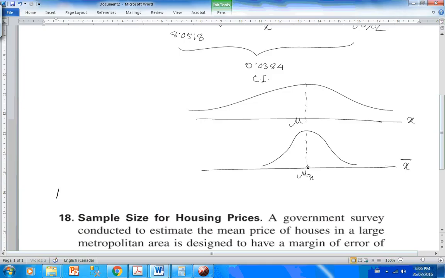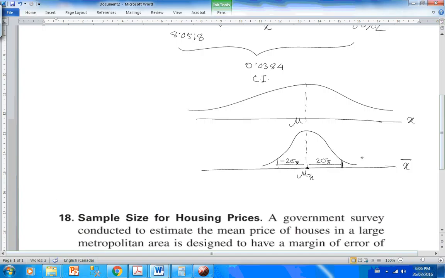And by the rule of 68, 95, 99.7, we know that under any normal distribution, 95% of the observations lie within plus minus 2 standard deviations of the mean, that is, of the distribution of x bars.